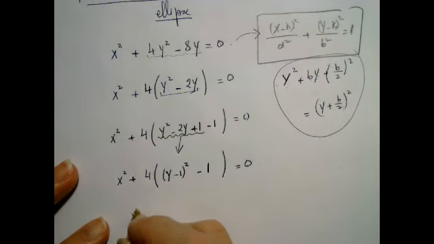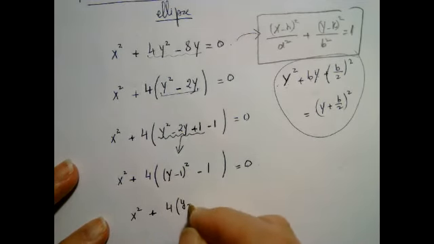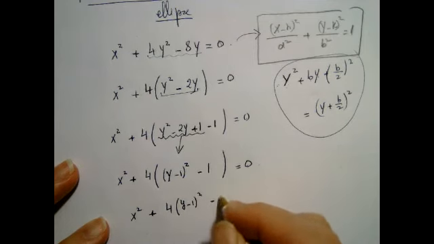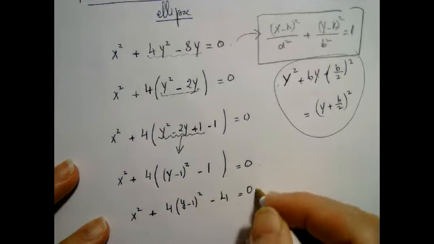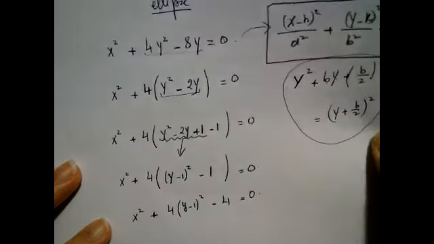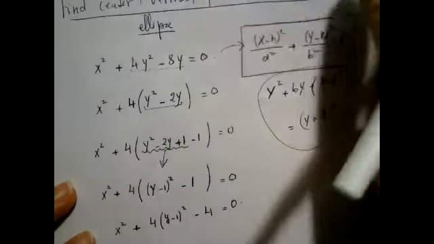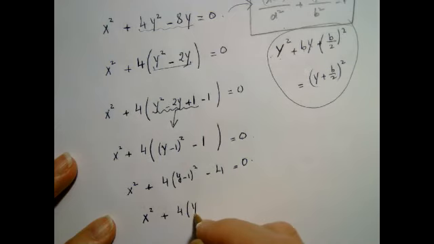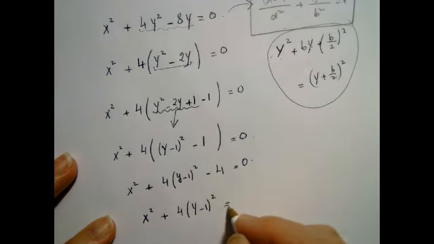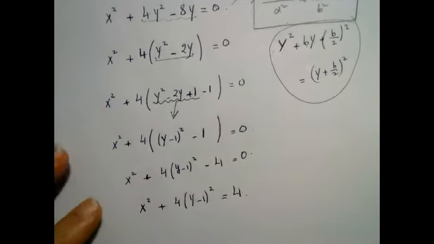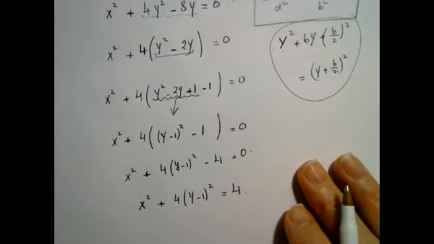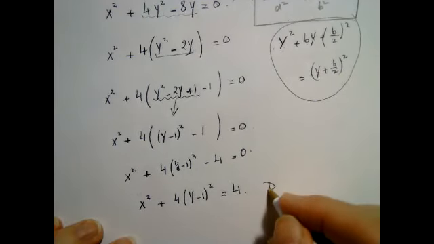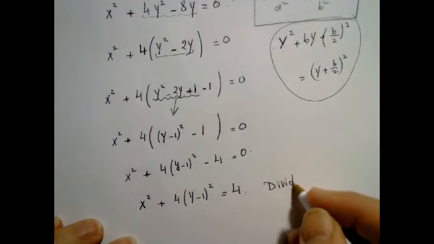I will have x squared plus 4 times y minus 1 squared minus 4 is equal to 0. So I'm completing the square to make it look like a standard form. So this will give me x squared plus 4 times y minus 1 squared equal to 4. Now I am very, very close to the standard format. The last piece we're going to do is divide by 4.